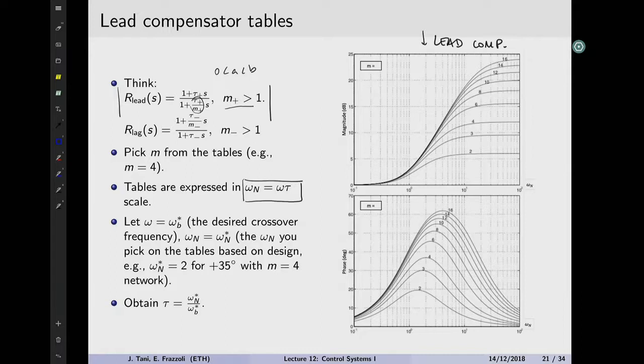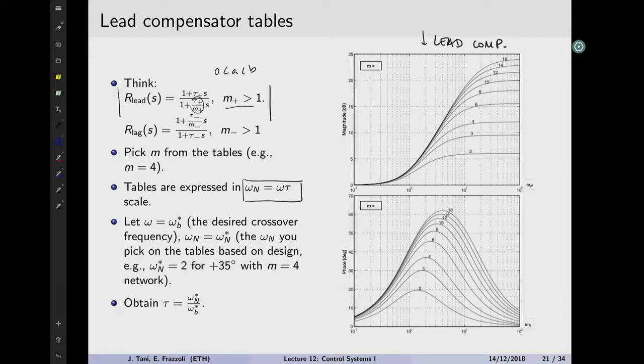Now, m equal 4 tells us the contribution of the phase and magnitude at different values of this normalized frequency. So which contribution do you actually want to bring? In our design, we wanted to add 35 degrees, right? So where is 35 degrees in this normalized scale? What is the value of the frequency that we want to select on these tables because of design criteria?